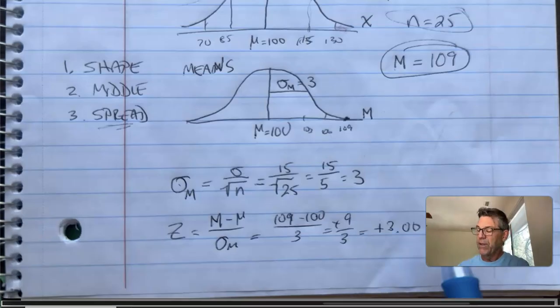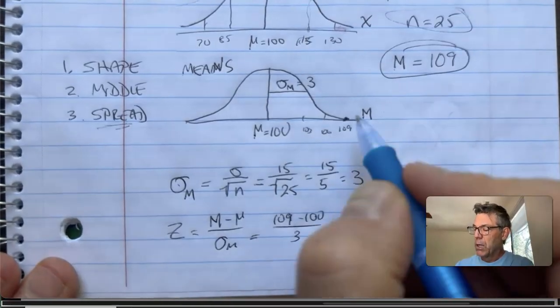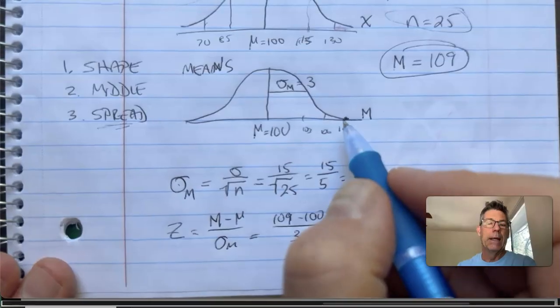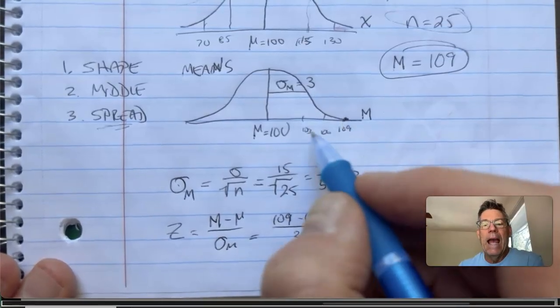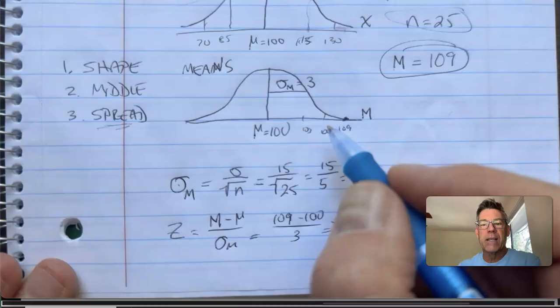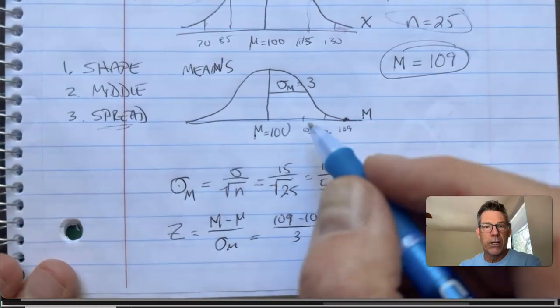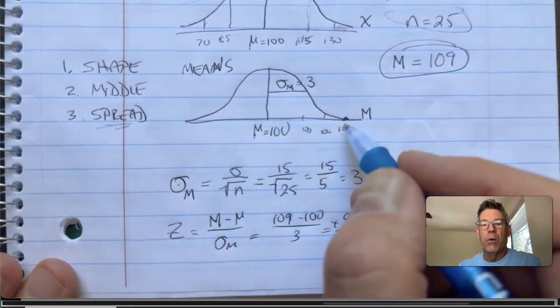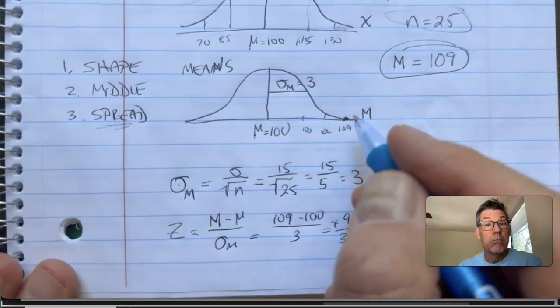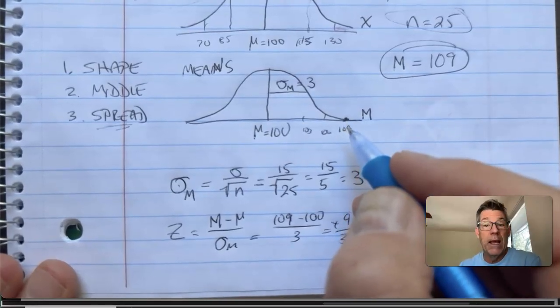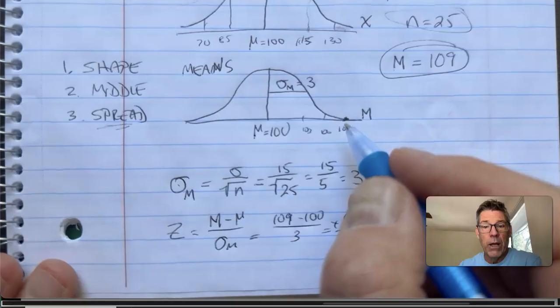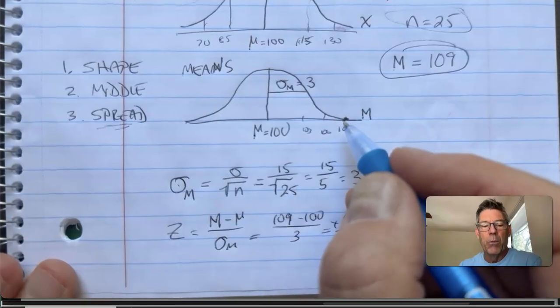What we can figure out from looking at the z-score is that this is an unusually high mean happening by chance, because these are all the sample means that just happen by chance. These are untreated people. And so that 109 can happen. Yes, we can sample 25 people and have them have an average IQ of 109, but it's very low probability.